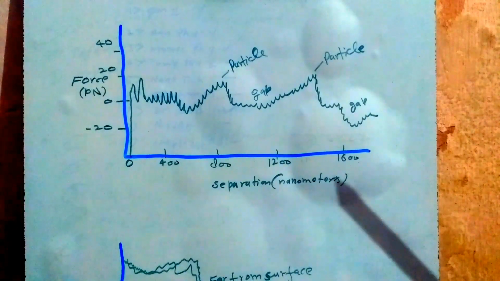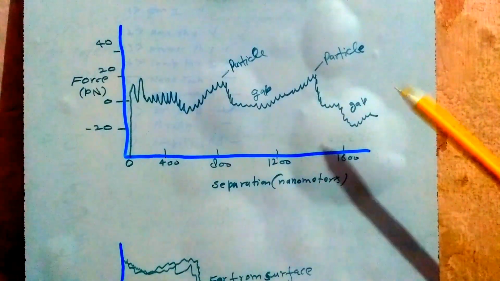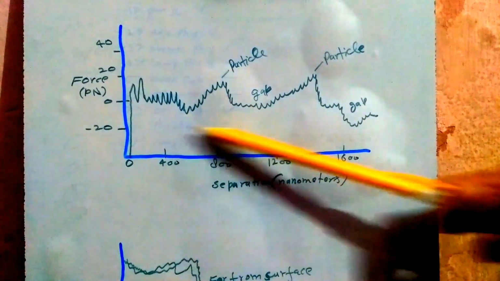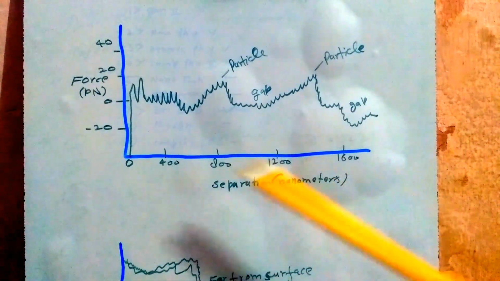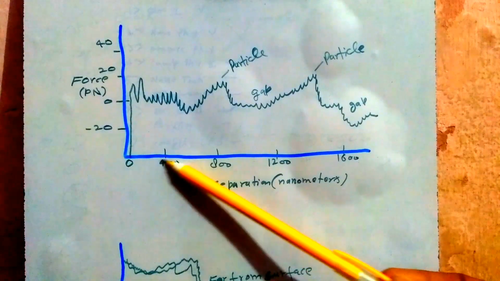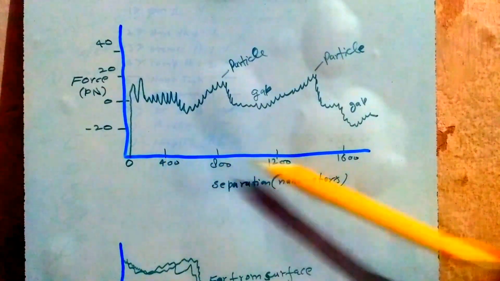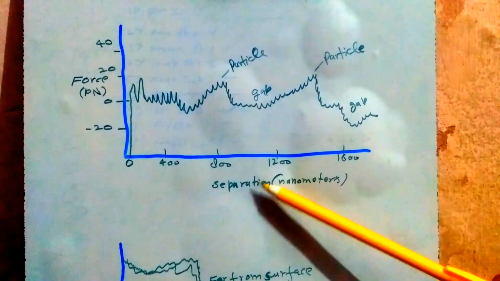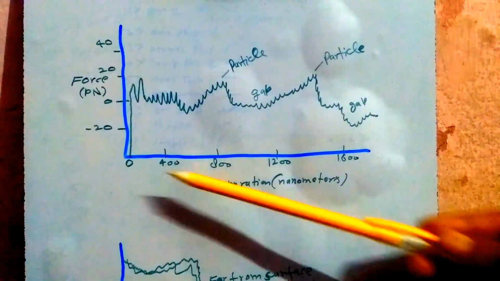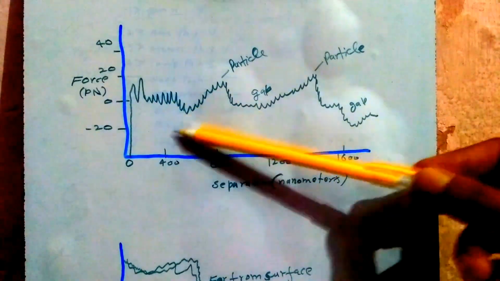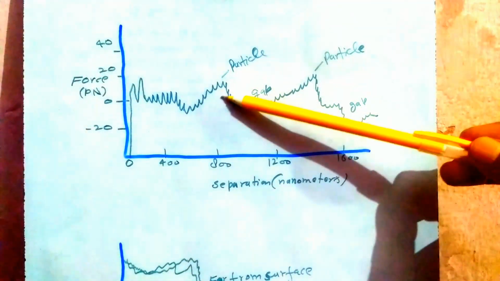The force interaction with respect to the probe tip is given in the form of the graph. As the probe moves across the surface on the nanometer scale, the force variations are seen in the form of the graph like this. Like that, there is a maximum peak.